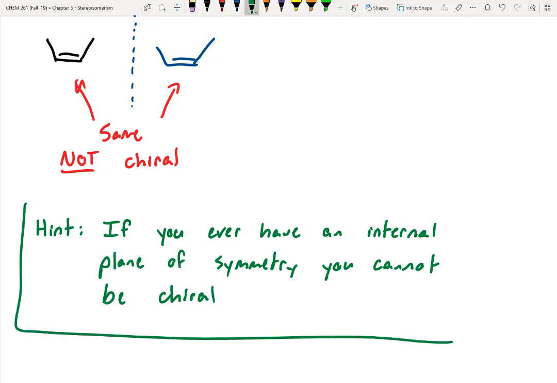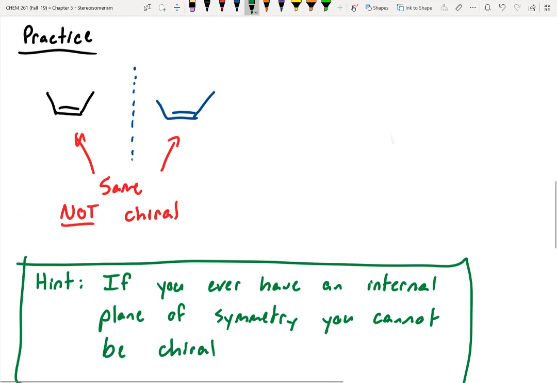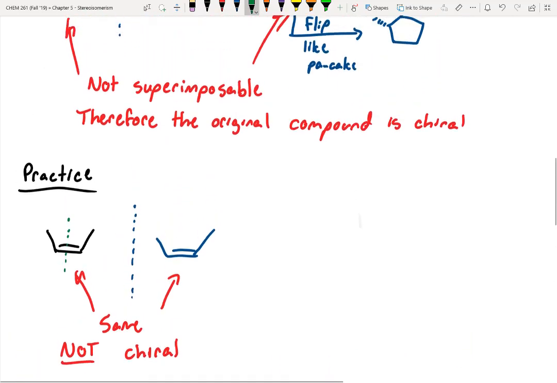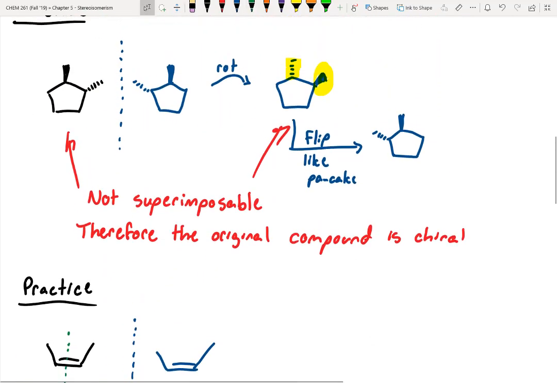All right, so let's go and apply this internal mirror plane to the one right above. You see how right above, if we cut this down the middle, the left-hand side is the same as the right-hand side? Therefore, it has an internal mirror plane. Can't be chiral because of that. All right, let's do the one right above here. Does this have an internal mirror plane? Can we cut it in half and have the one side be the same as the other? Well, what about if we do this? Is one side the same as the other?